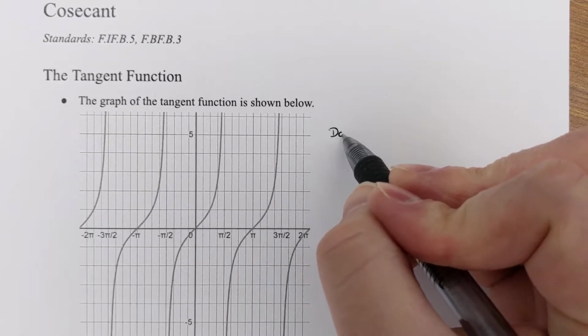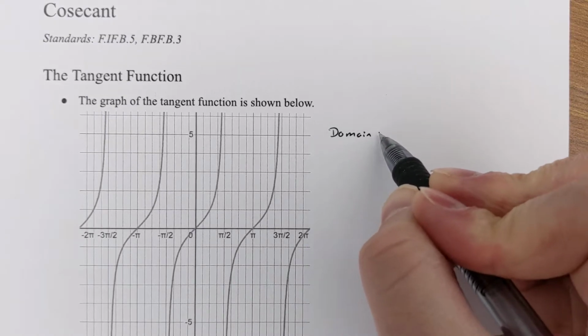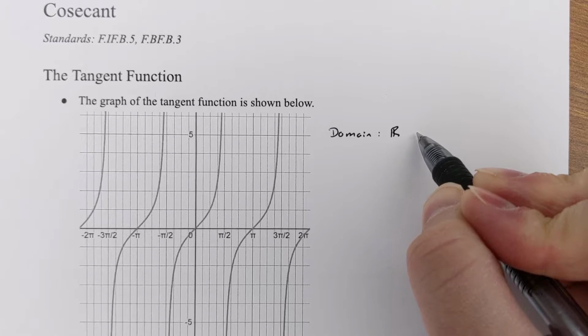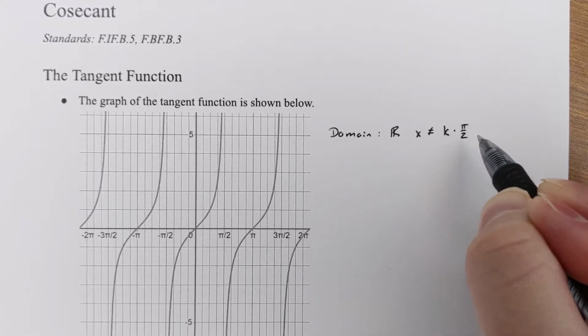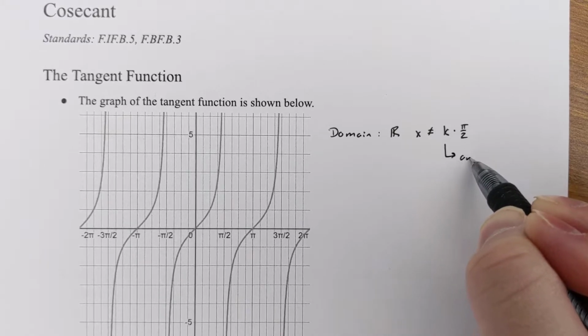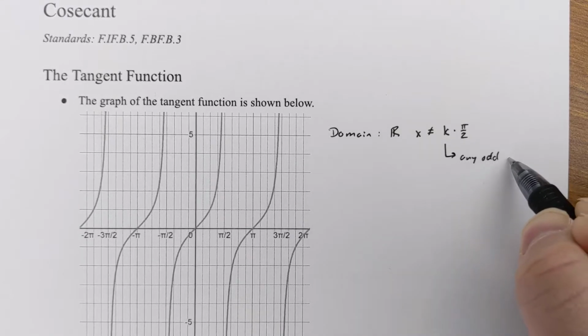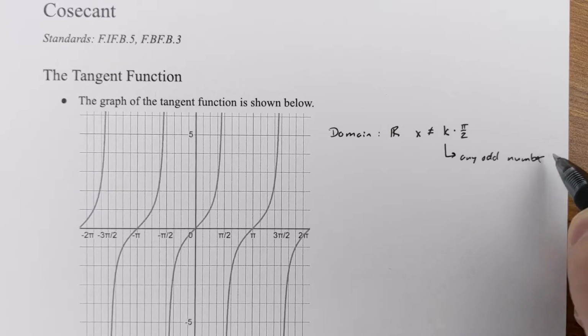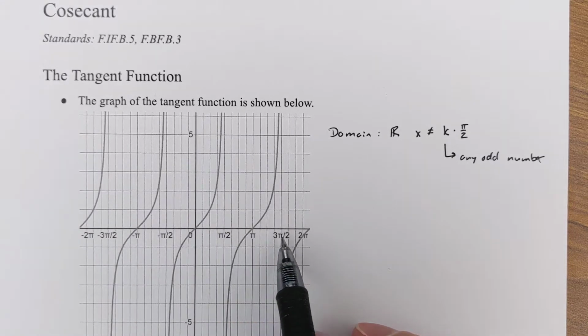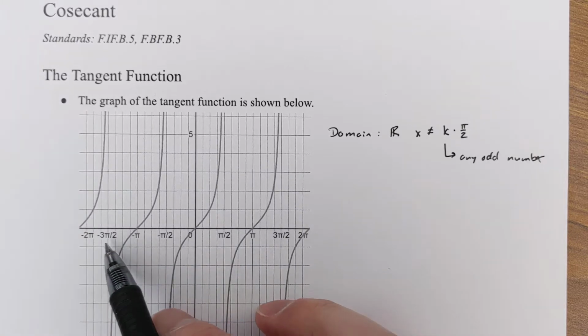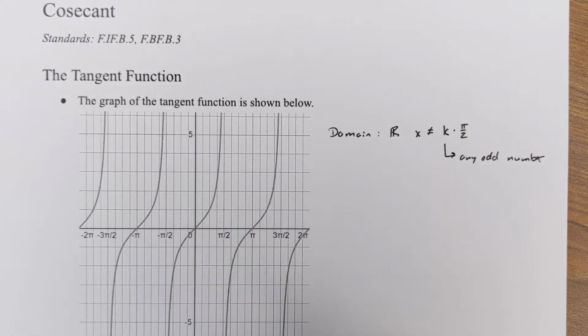So the domain of this function is all reals, x not equal to k times pi over 2, where k is any odd number. If you notice, we have these vertical asymptotes at pi over 2, and odd multiples like 3 pi over 2, -pi over 2, -3 pi over 2, and so on.